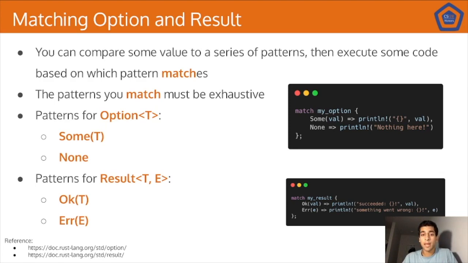And those match patterns must be exhaustive. You must match every single type of pattern that you can receive. Luckily, in the case of option and result, there's only two real patterns that you'll see. Some with a value inside of it, or None with no value for option, and Ok or Err, each with a value inside.